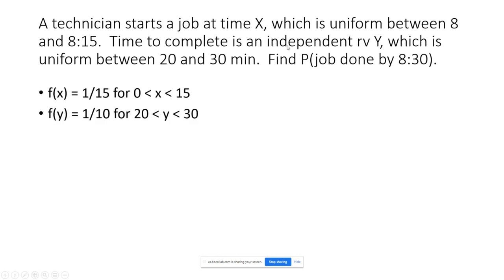So we start out by using the fact that x and y are both uniform. So that tells us that our marginal density for x is 1/15 for x between 0 and 15. And our marginal density for y is 1/10 for y between 20 and 30.